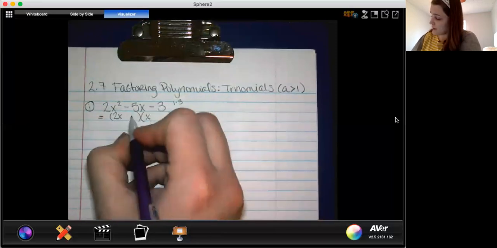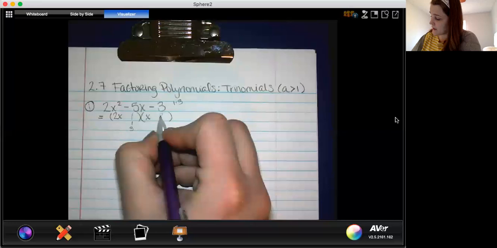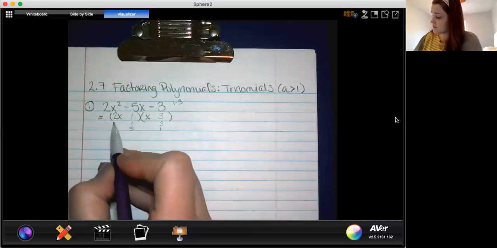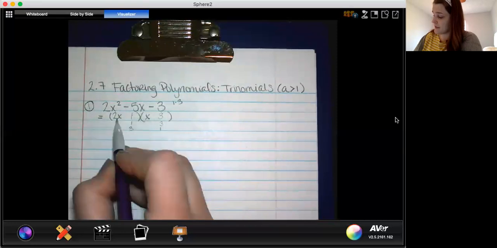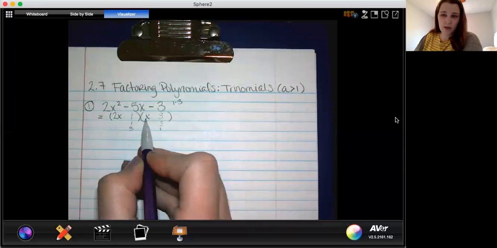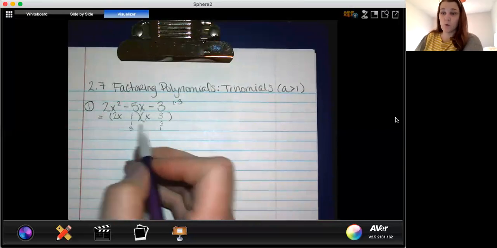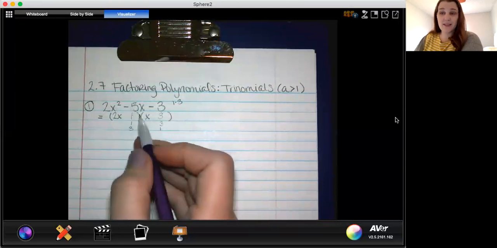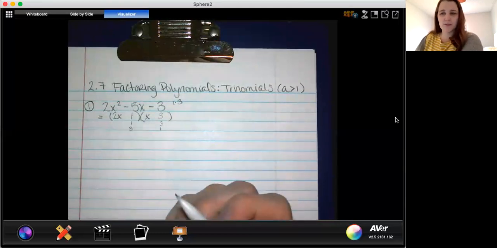So if I put in 1 and 3, let's do our full FOIL process. 2x times 3 is 6x, and 1 times x is 1x. Now, can 6x and 1x make negative 5x? Yes, they can. We just have to use our signs appropriately.